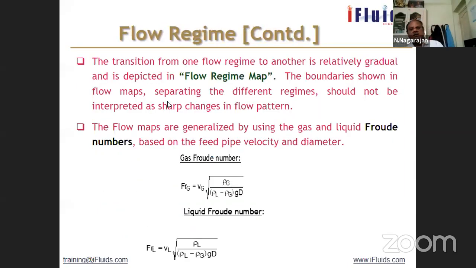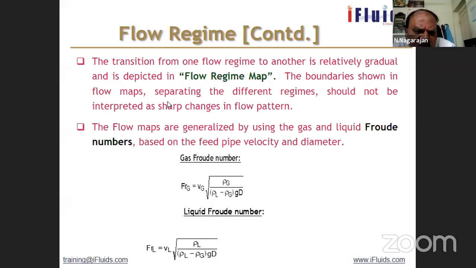So how do you find which flow regime? Don't worry about the flow regimes and all; you just need an understanding, because these will be handled by specific software. We find out the flow regime using the Froude number. It is again a dimensionless number, developed by the scientist Froude.